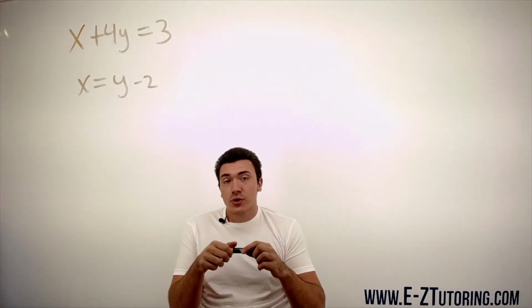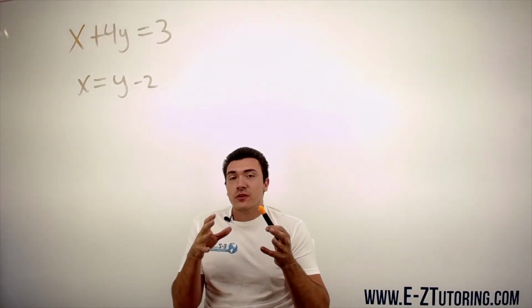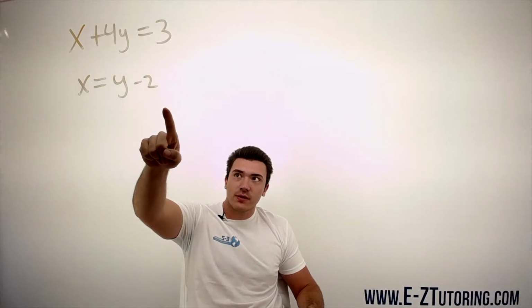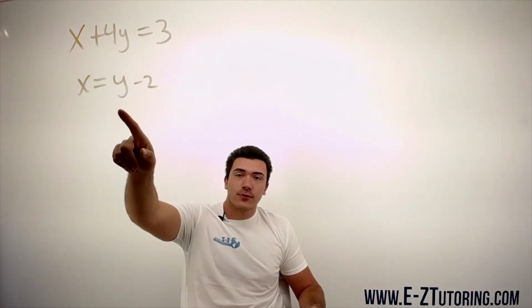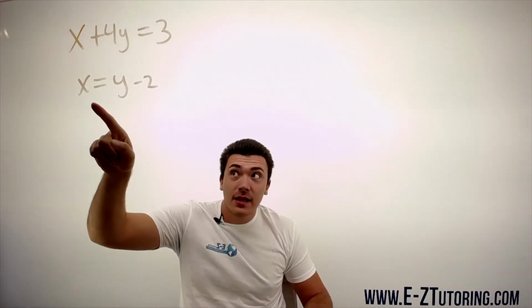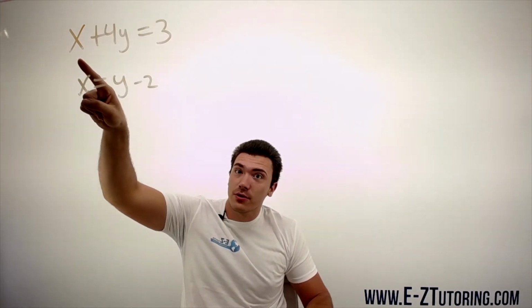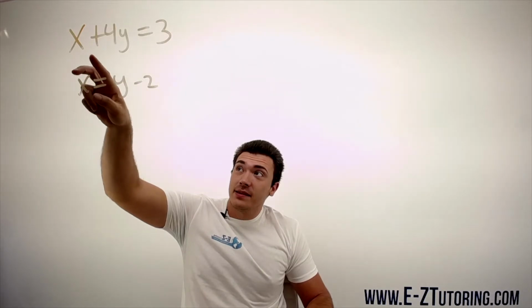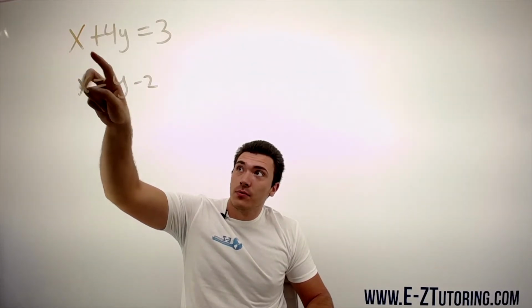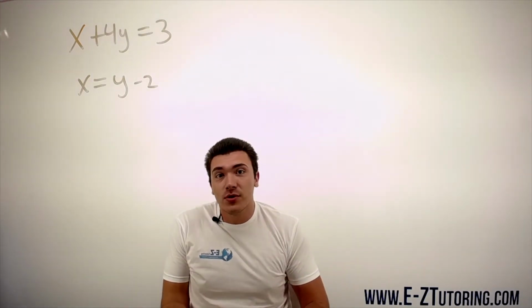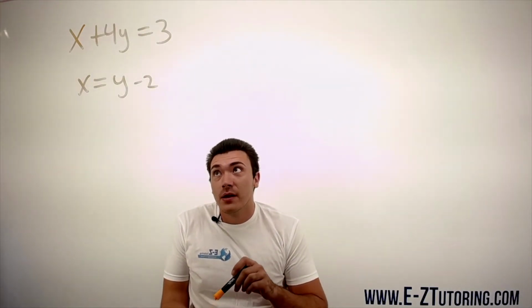In substitution, what we do is we solve for one of the variables in one of the equations, in this case x equals, and then we plug in x equals y minus 2 into the other equation, and instead of x we'll have y minus 2 plus 4y equals 3. So by substitution you can completely get rid of one of the variables.